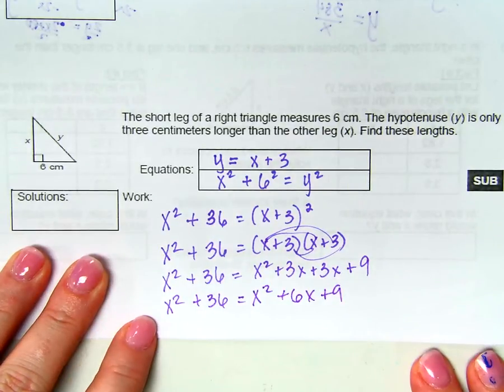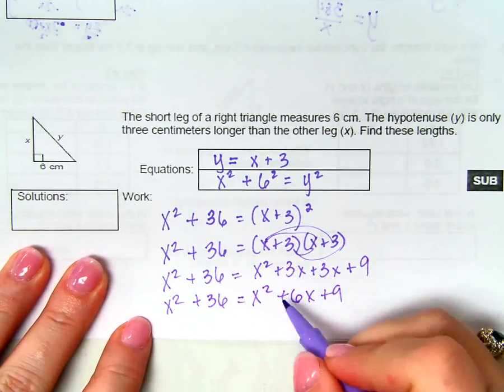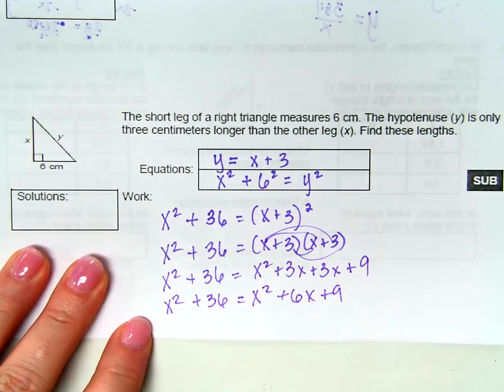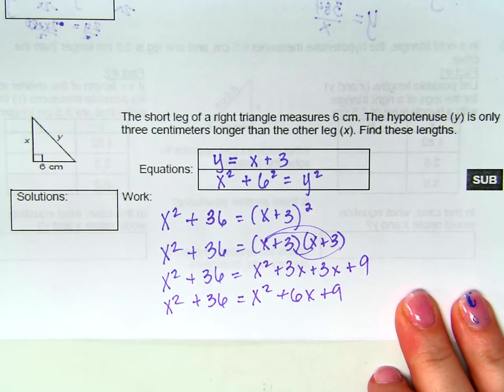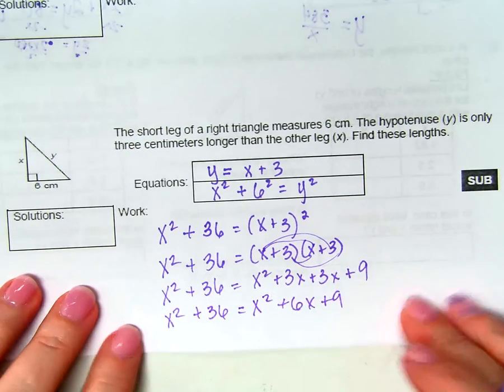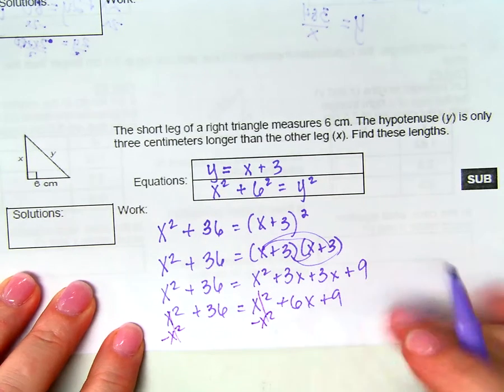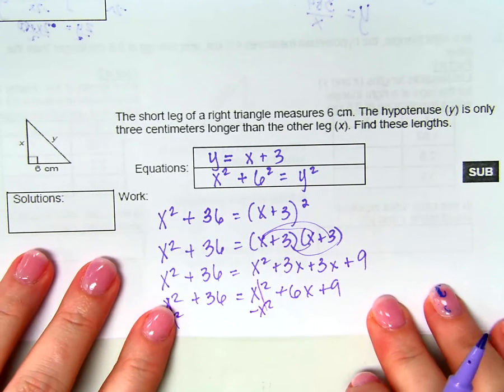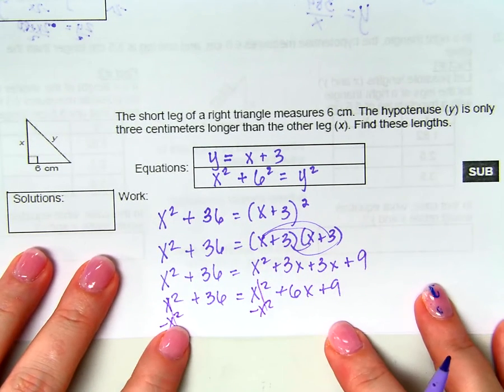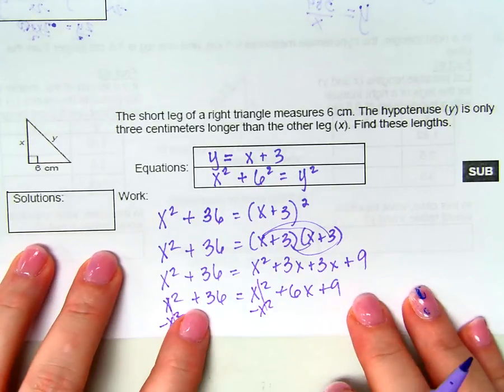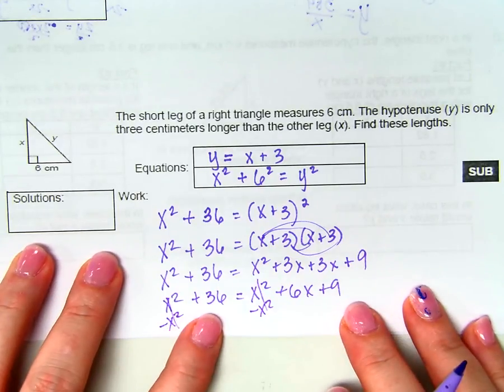Now, watch this magic. If it's a quadratic, I want to get everything on one side. I want to get it equal to 0. Look at this. Minus x squared, minus x squared. 0, 0. You are absolutely right. This is not a quadratic anymore.